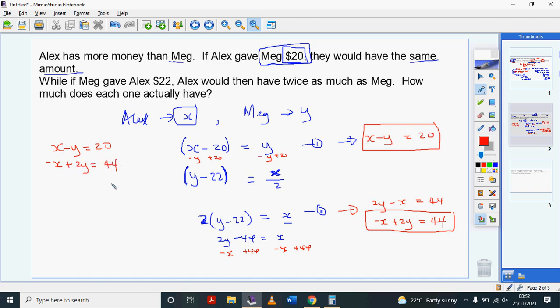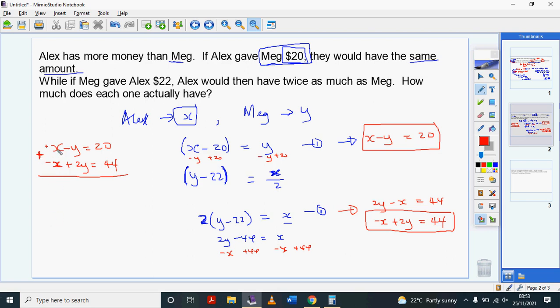I want to solve for x and y. Now when you look at these two equations, the x's already have the same coefficients. The coefficients of x are already 1 in each of these situations. So if I want to eliminate the x, all I have to do is add these equations, because this is a positive x and this is a negative x, and when I add the two equations, the positive and negative will cancel out to give me 0.